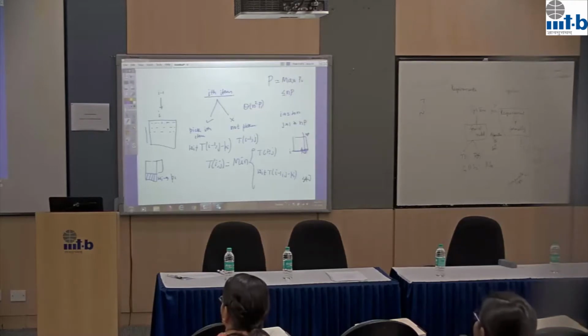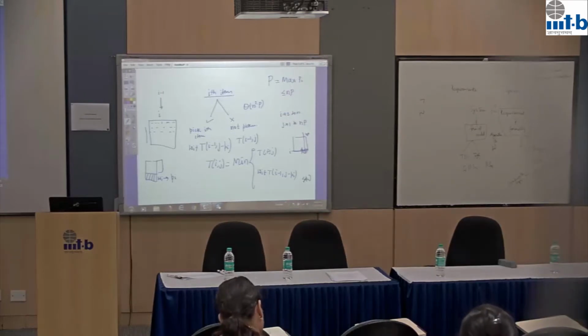This is called a pseudo polynomial time algorithm because P, what is P? P is the maximum profit, the maximum profit of an item. This could be a very large number. For example, I might just have 10 numbers, but each of the numbers could be in billions. So each profit that I write, P of i, could be some 10-digit number.